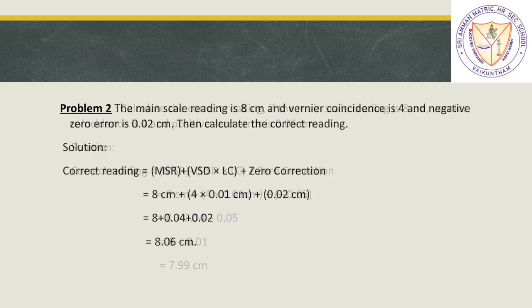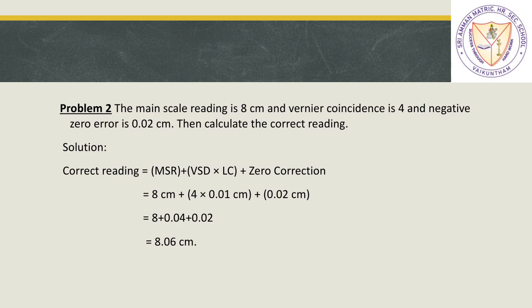The other one is talking about the negative error. The main scale reading is 8 centimeter, the vernier coincidence is 4, and the negative zero error is 0.02 centimeter. Calculate the correct reading. Correct reading will be equal to MSR plus VST into LC plus zero correction.